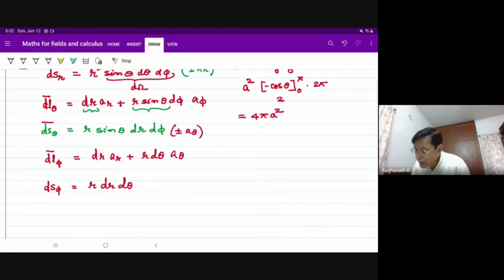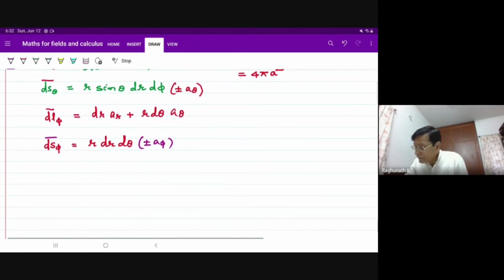What is ds phi bar? Plus or minus a phi. These are the various differential surface elements that we use as standard in the spherical coordinate system.